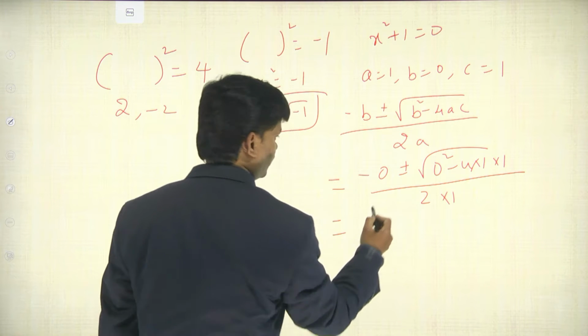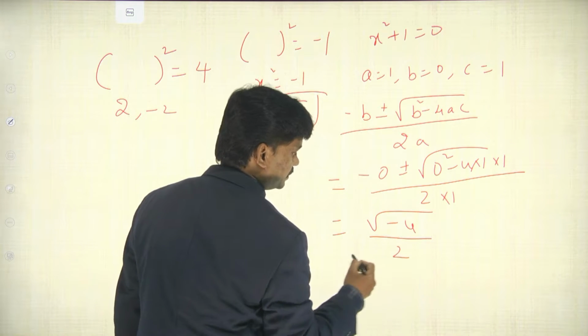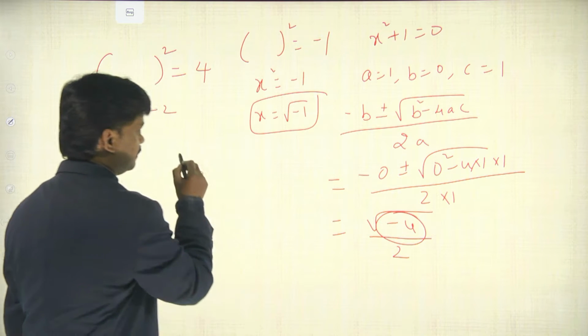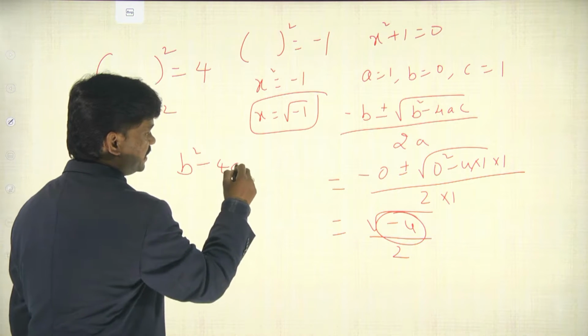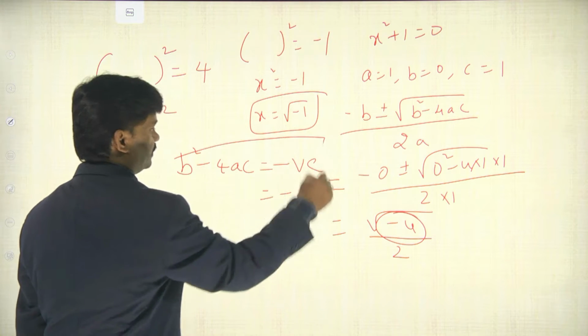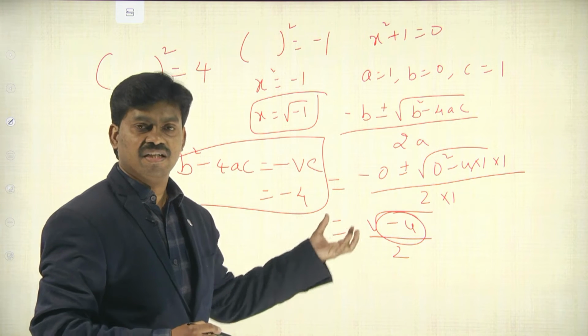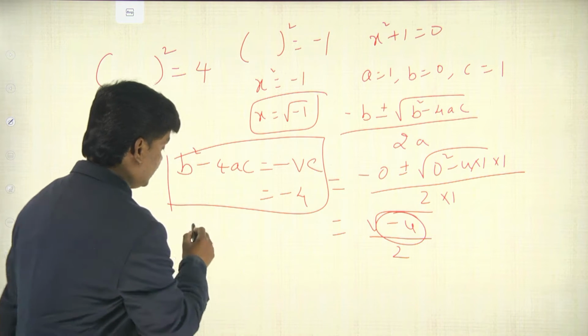So what we get here is plus or minus under root minus 4 by 2. We get the discriminant b squared minus 4ac value as negative, that is minus 4. And we conclude here no real roots.